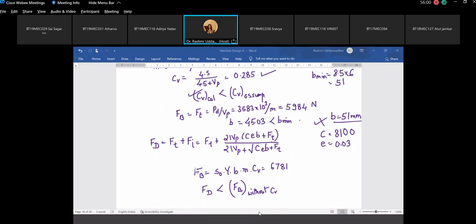So we now want to get the value of FD using these parameters such that this comes out to be less than FB without CV, which is what? Without CV, how much is it? 23776.